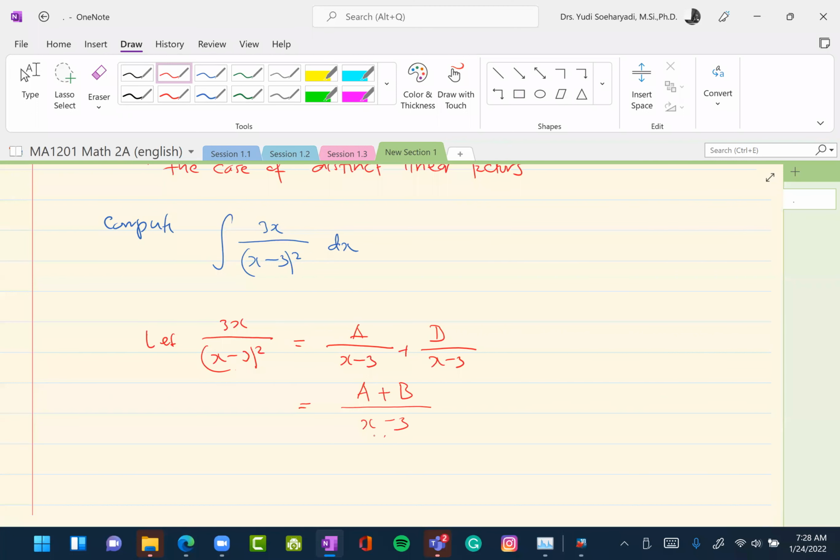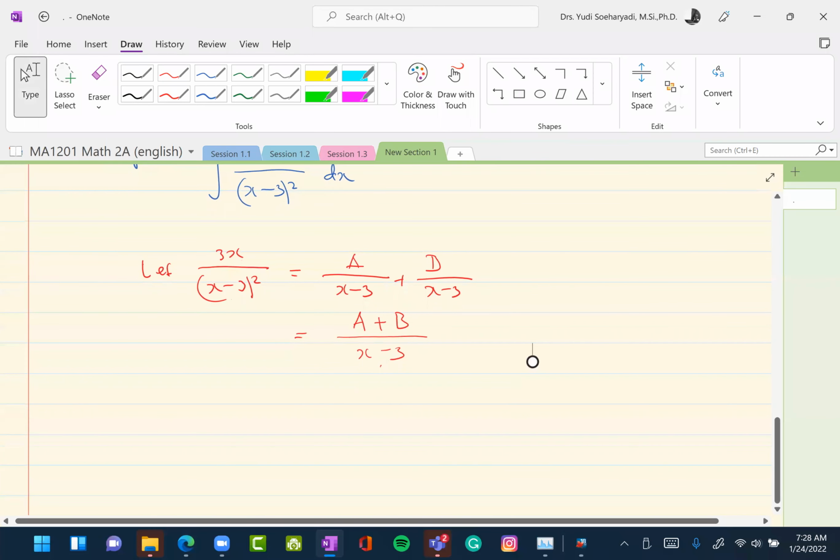The left-hand side equals, because they are different denominators.